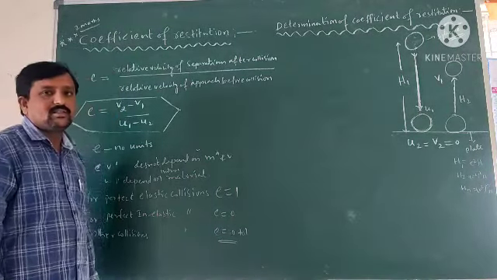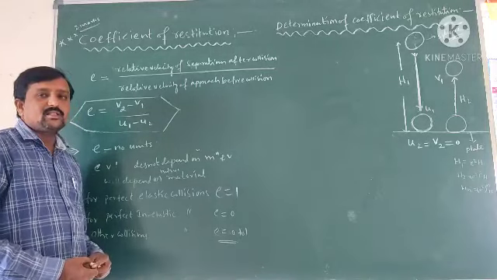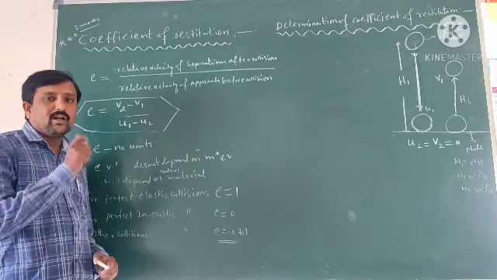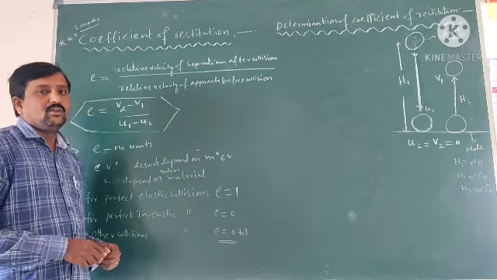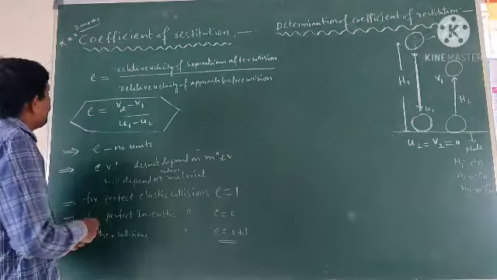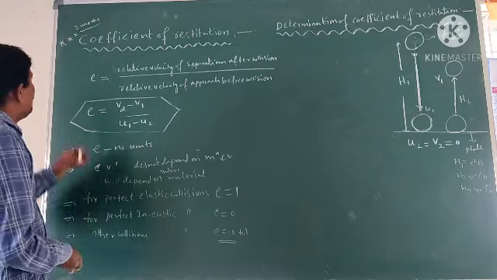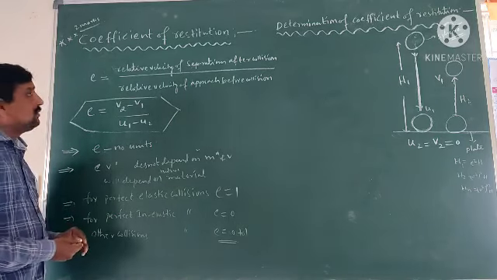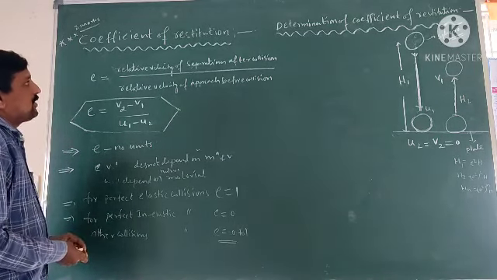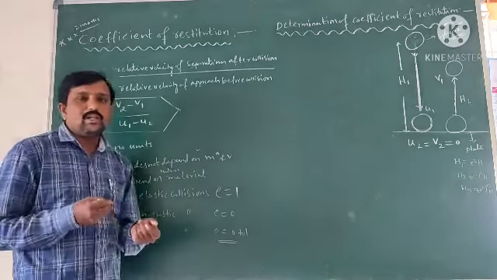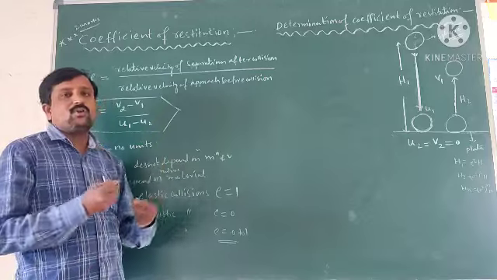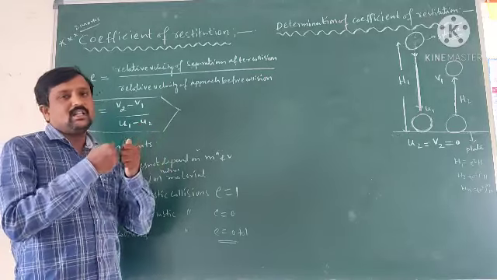Good morning, students. In the earlier class we discussed one-dimensional elastic collisions. Today we are going to explain the 2 marks question, coefficient of restitution. When the two bodies are before collision, they come towards each other.